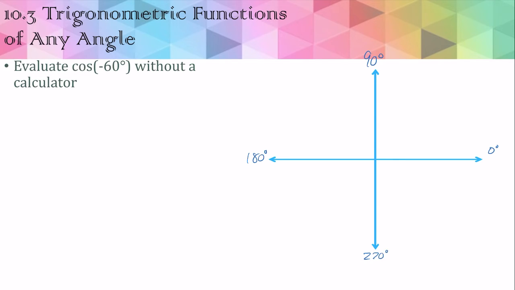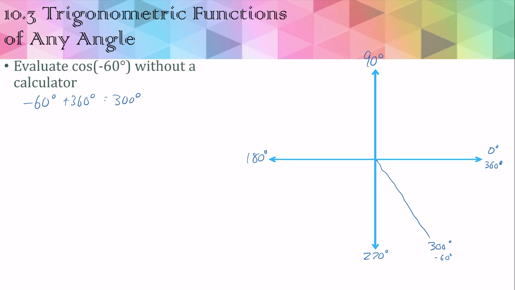So what I will do is I will find a coterminal angle between 0 and 360. So I will take this and add 360 and end up with 300 degrees. So 300 would be about there. Or if you like, negative 60 is there also.